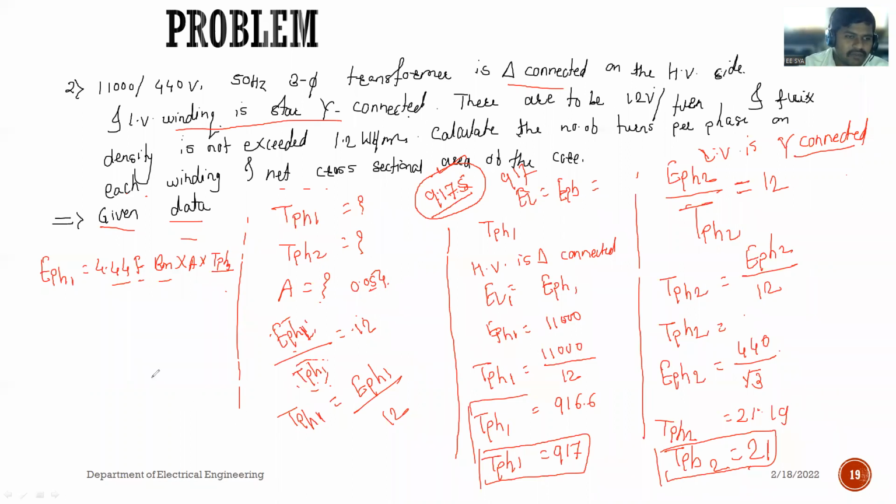Okay, so it is equals to 12, it is equals to 4.44 into 50 into BM 1.2 into A. So A is equals to... किती येतोय क्रॉस सेक्शनल एरिया? 0.045 meter square. So this is the area.